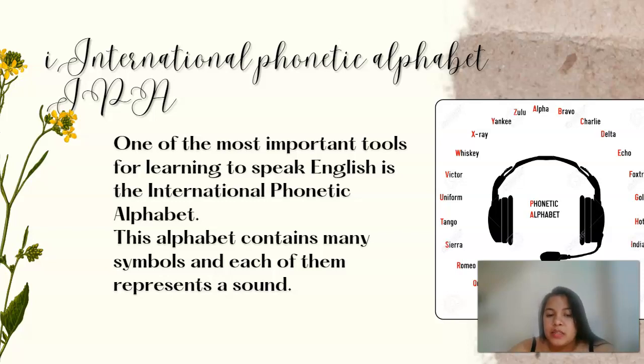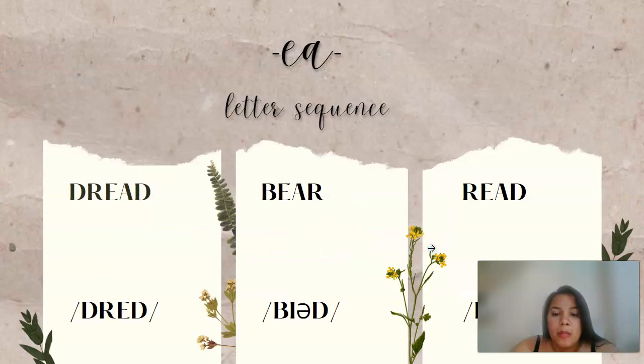This alphabet contains many symbols and each of them represents a sound. For example, these words are three different pronunciations.